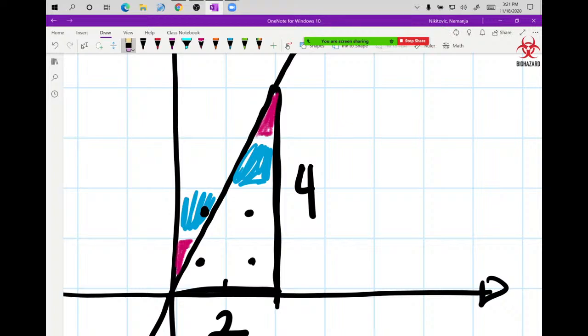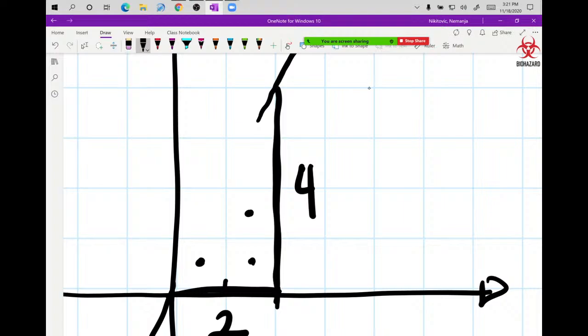So it is very easy for us to verify this calculation because we do see 4 squares.